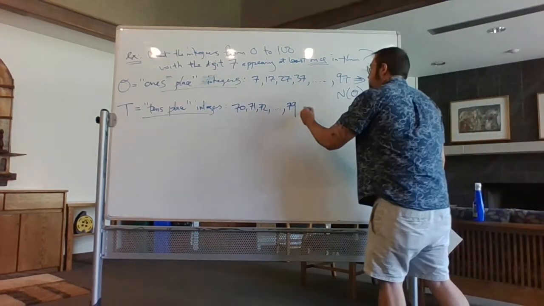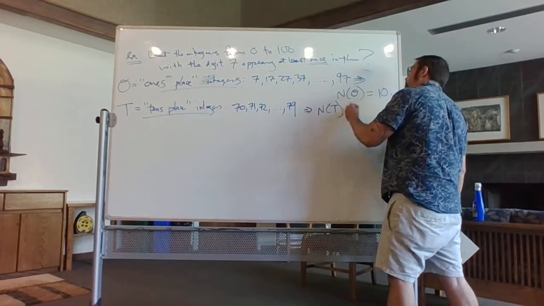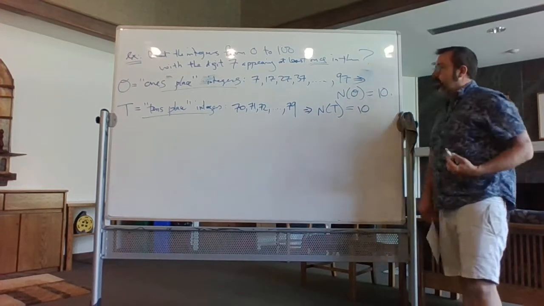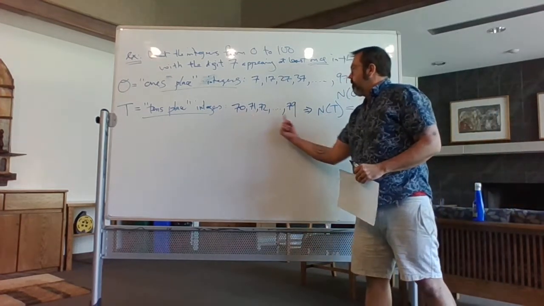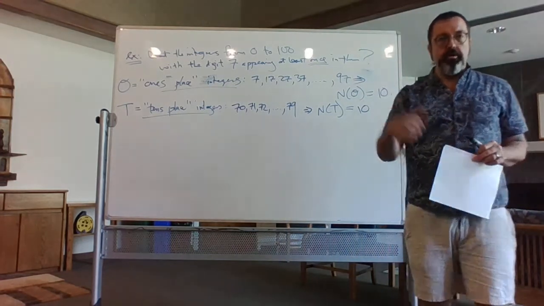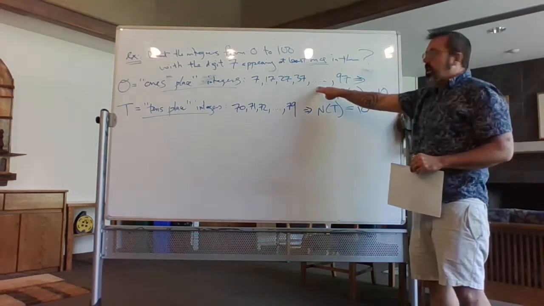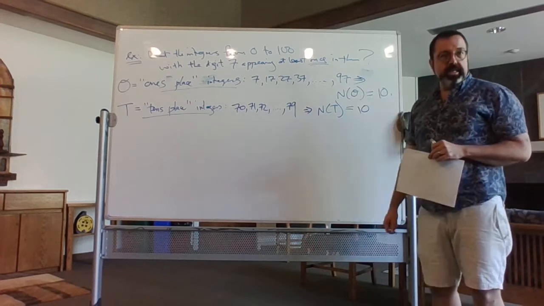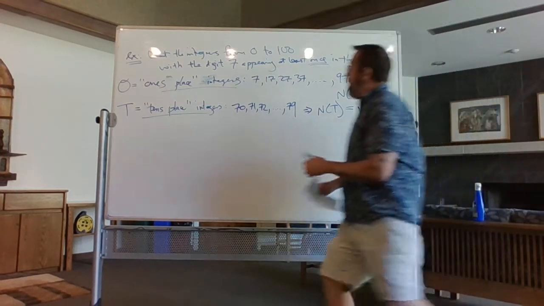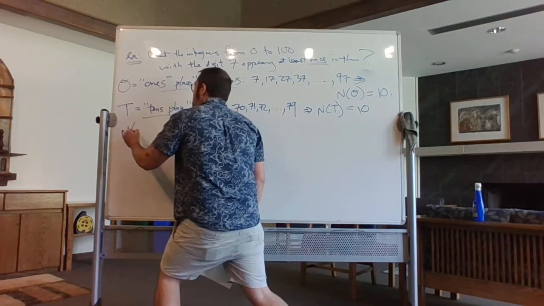And you can see here too that the number of elements in the tens place integers is also 10, because we have any one of 10 possibilities for the ones place, 0 through 9. Just like we had any of 0 through 9 as the possibility for the tens place in the ones place integers.